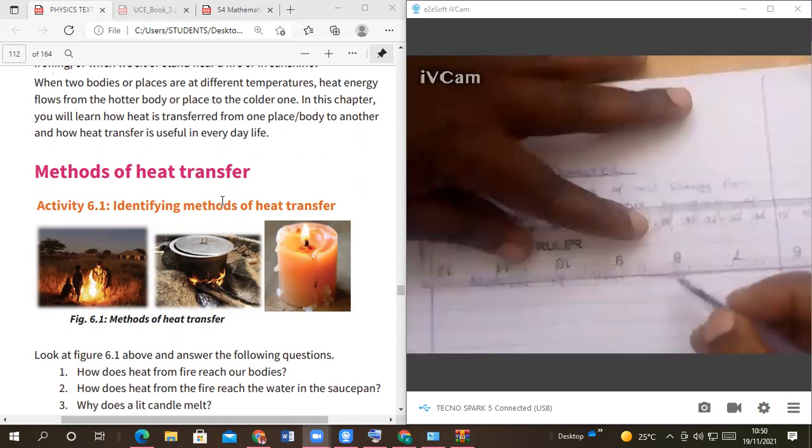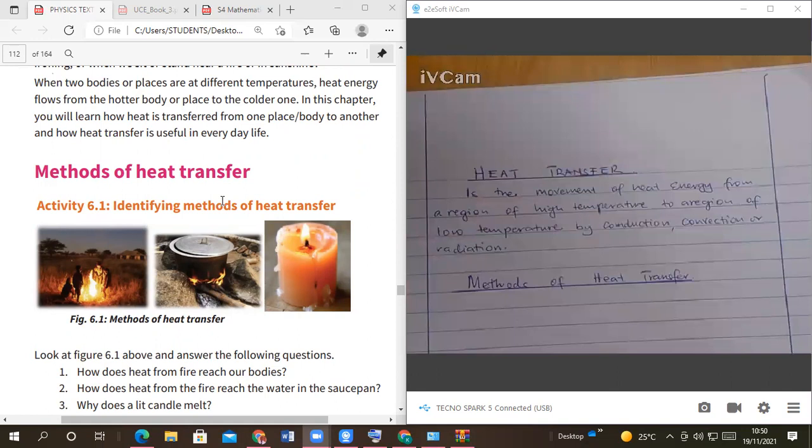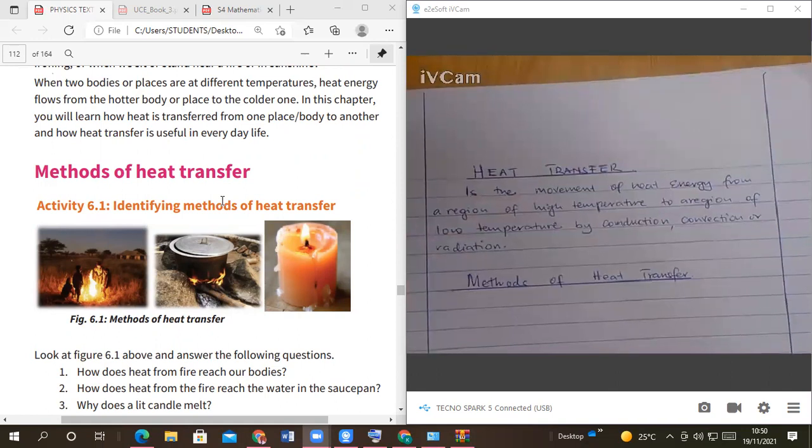There are three methods of heat transfer, and we are going to look at them. But before we look at the methods of heat transfer, you should note something.